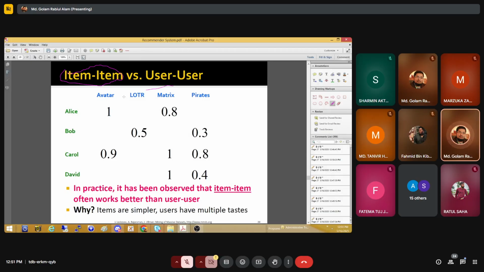Items are simpler, and users have multiple tastes. In user to user collaborative filtering, a user may like not only this kind of movie but also other kinds. So user to user similarity doesn't make as much sense as item to item similarity.